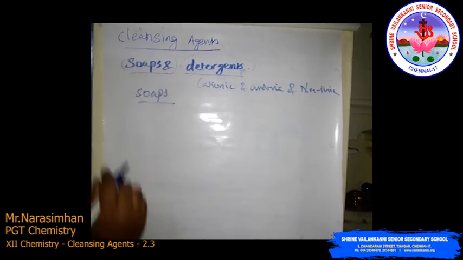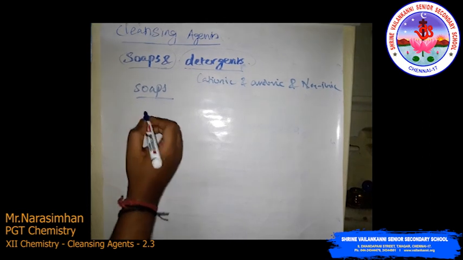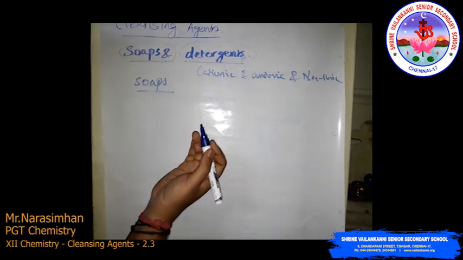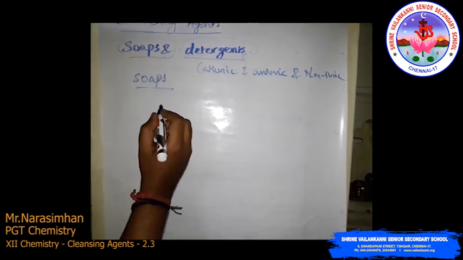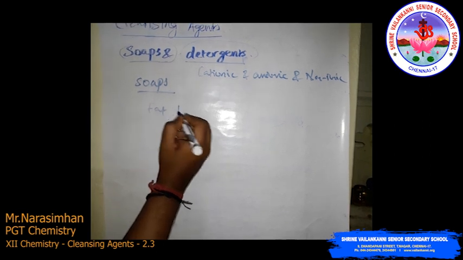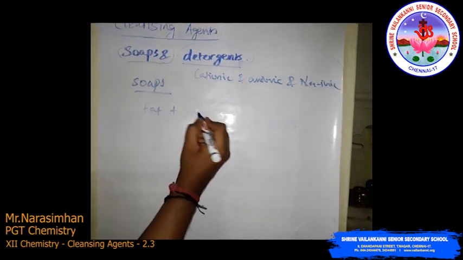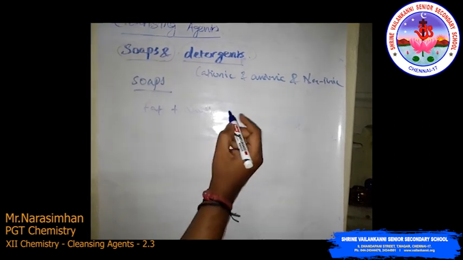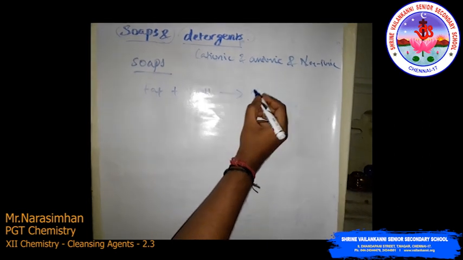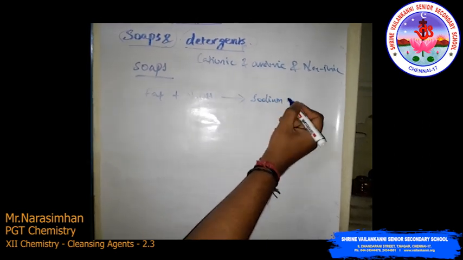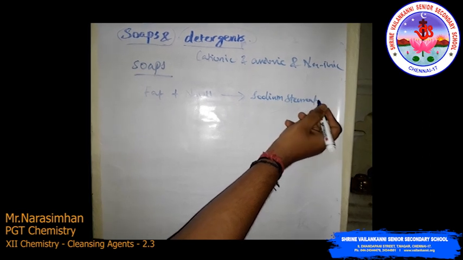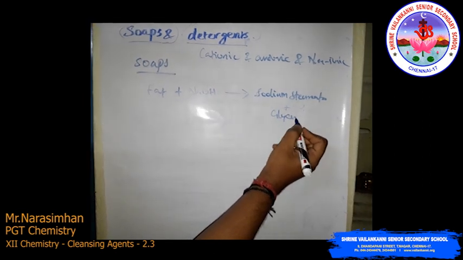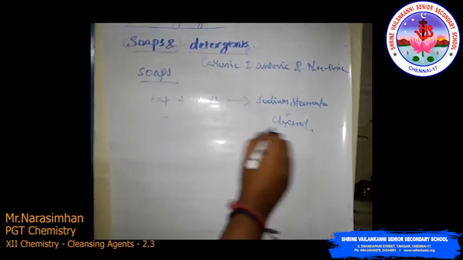What are soaps? Soaps are made from long chain hydrocarbons of fat, a glycerol ester or fat. Fat reacts with sodium hydroxide or potassium hydroxide to give sodium stearate and glycerol.